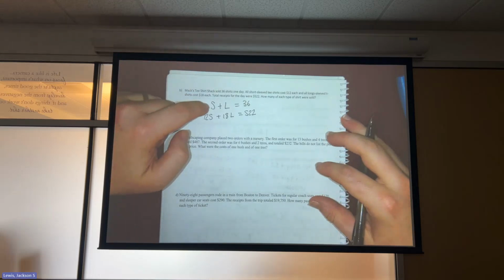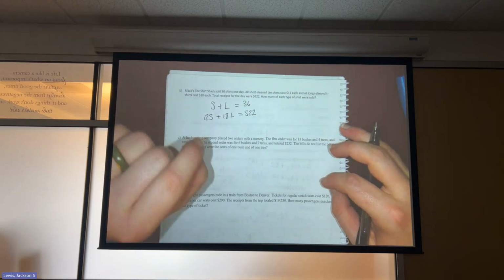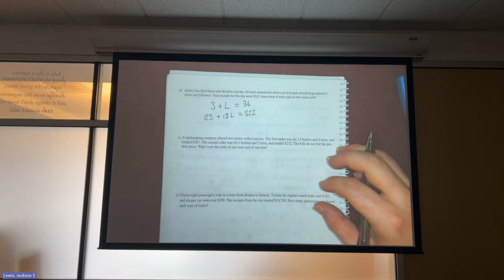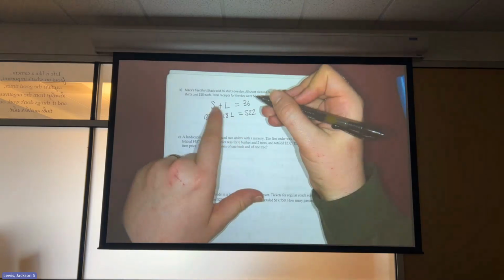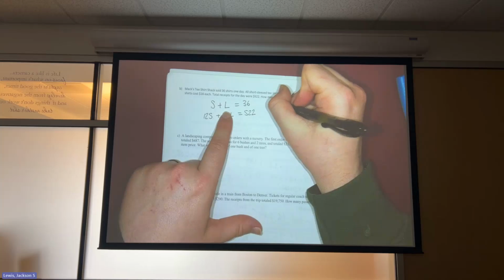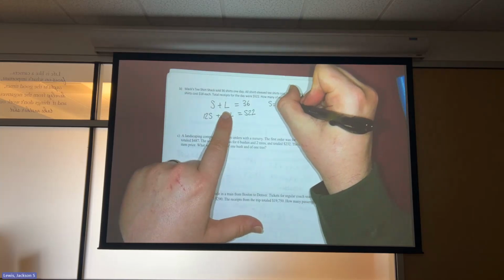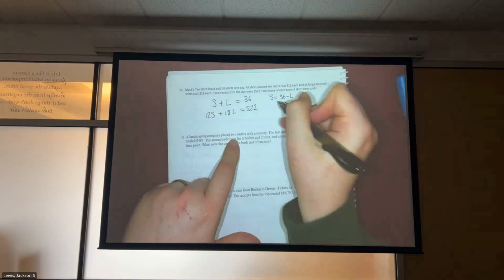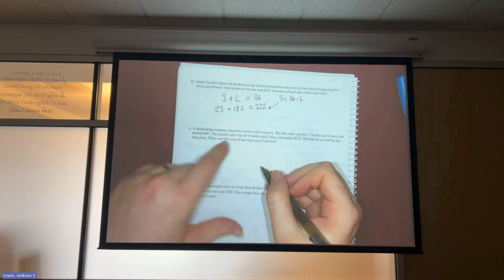Almost always, systems like this are going to be substitution. Substitute for either variable. Let me pick maybe S. S equals 36 minus L. I'll plug that in this one.